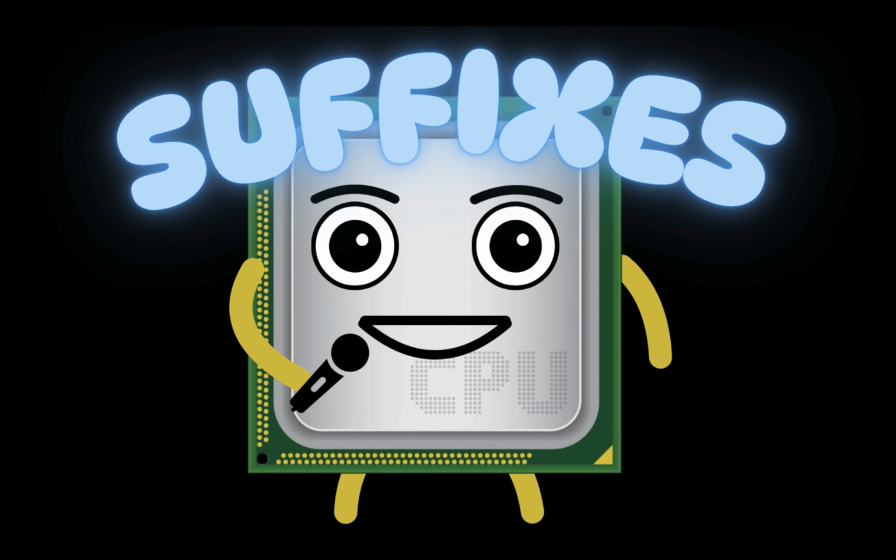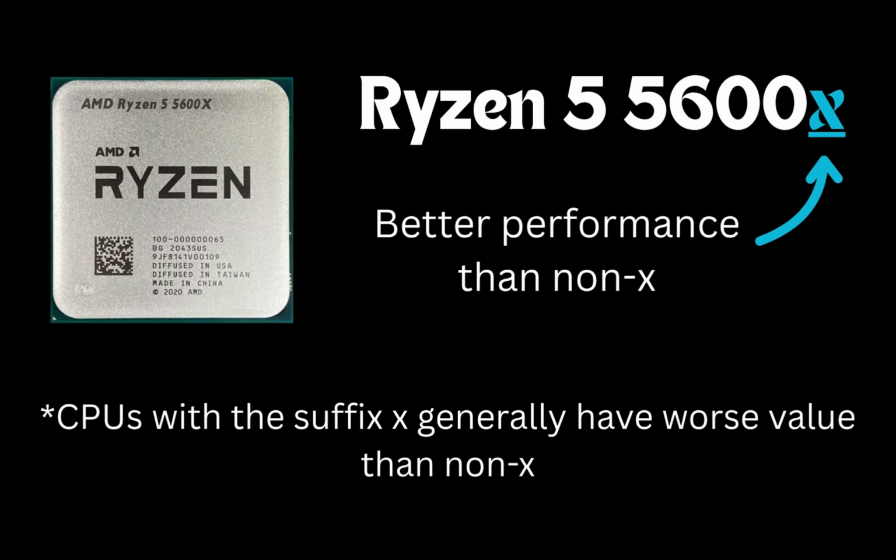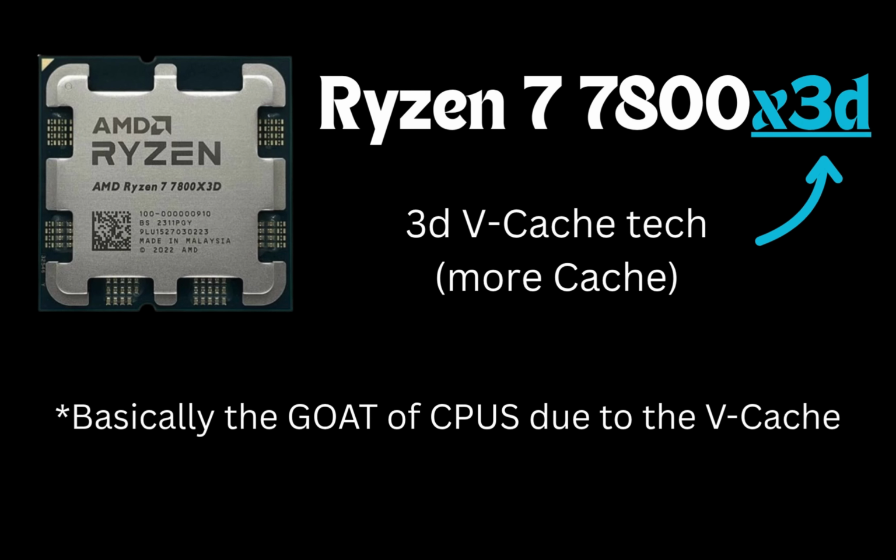Now, let's talk about those suffixes. The X indicates higher clock speeds and better overall performance compared to non-X models. For example, the Ryzen 5 5600X. X3D refers to CPUs with 3D V-cache technology, so it has superior performance, especially in gaming.